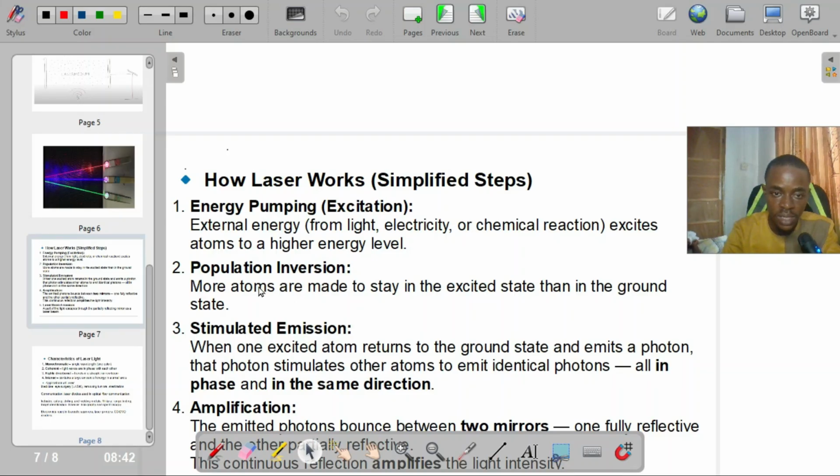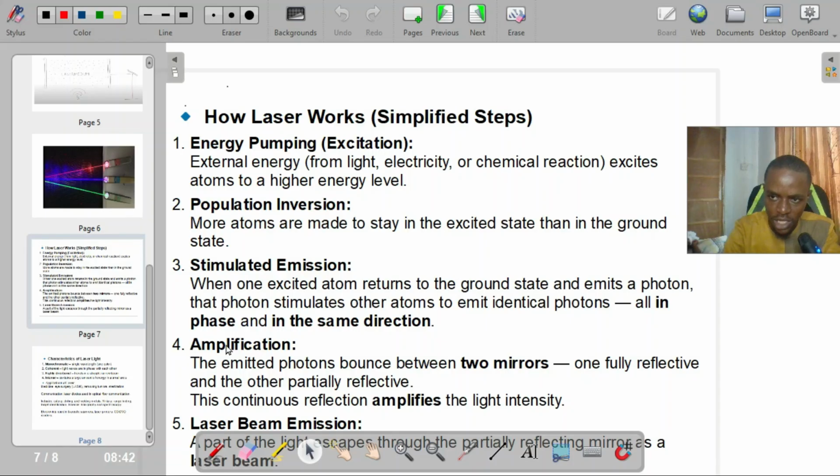Stimulated emission: when one excited atom returns to the ground state, are you with me now, and emits a photon, that photon stimulates another atom. Do you get that? So it stimulates another atom in the higher state to emit an identical photon, in phase and in the same direction. Now you understand what we mean by stimulated emission.